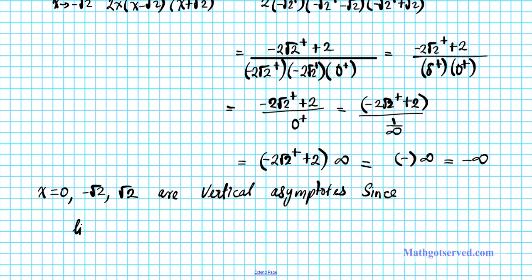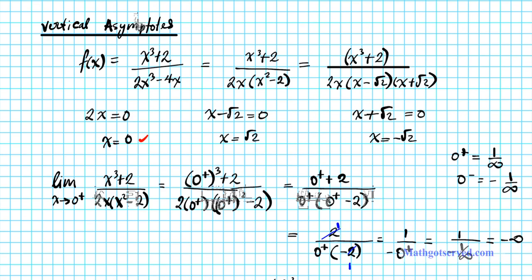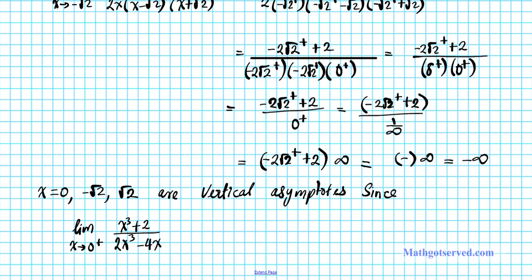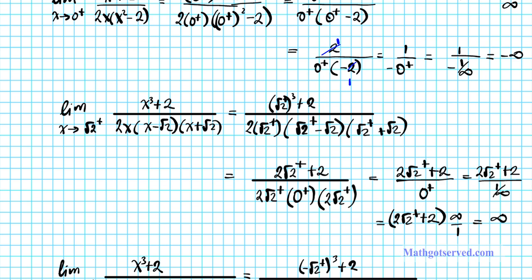All right, since the limit as x approaches 0 from the right of our function, what was the function again? x to the third plus 2 over 2x to the third minus 4x. I'm not sure, let me verify that that's what we had before. Yes, 2x to the third minus 4x, okay? The limit as x approaches 0 from the right of that is equal to, we had our answer was negative infinity.